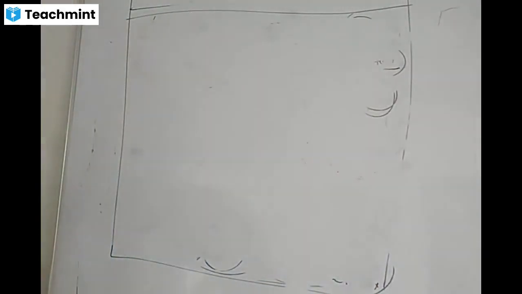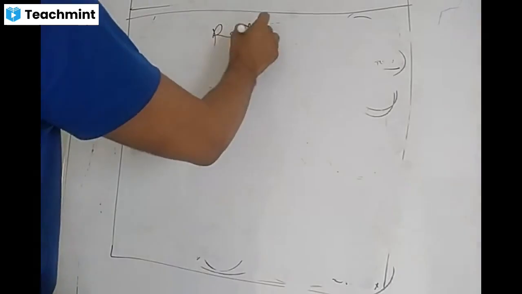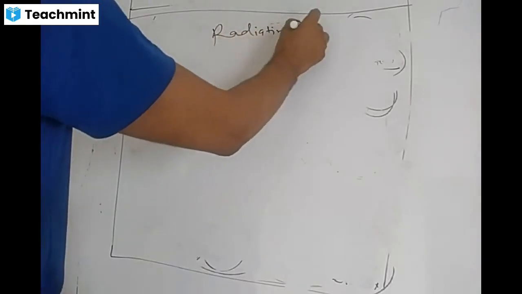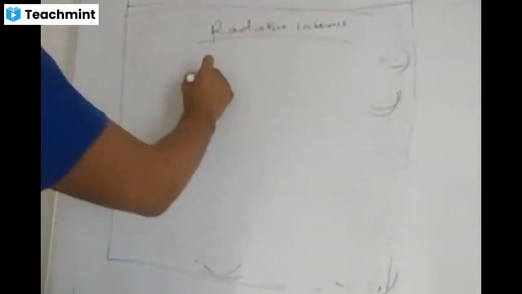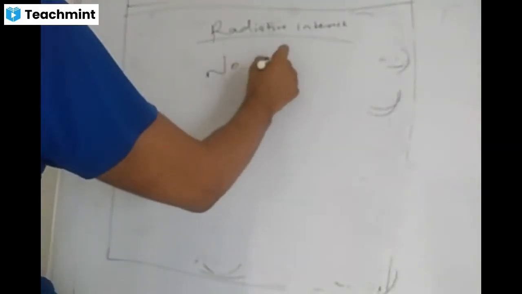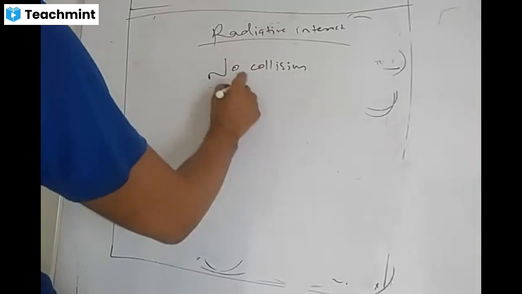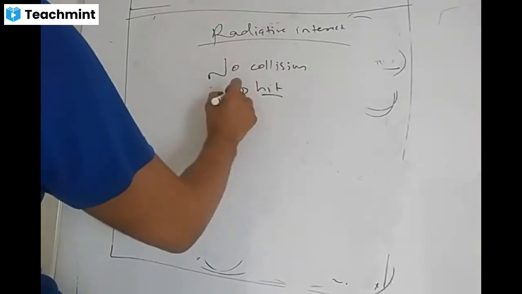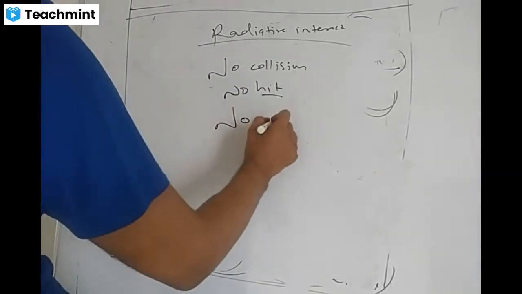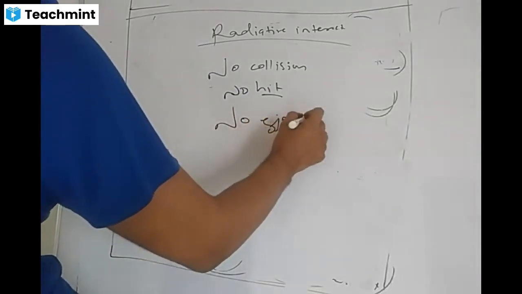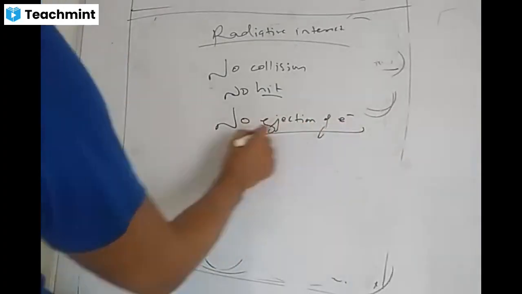The other method or mechanism is radiative interaction. In the case of radiative interaction, there is no collision, there is no hit, and there is no ejection of electron.